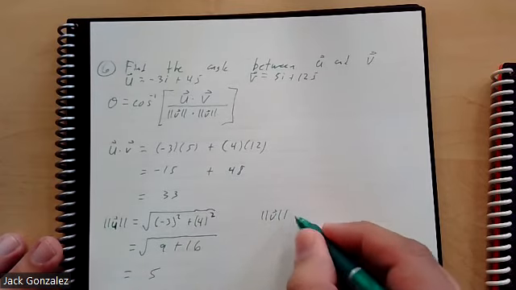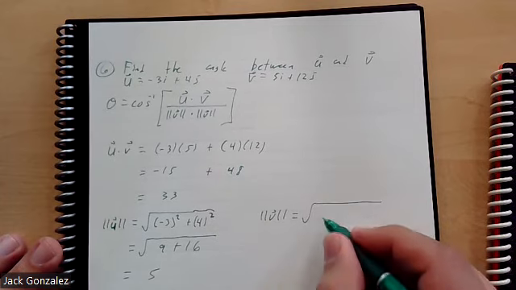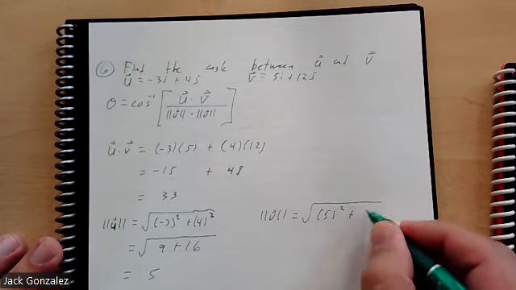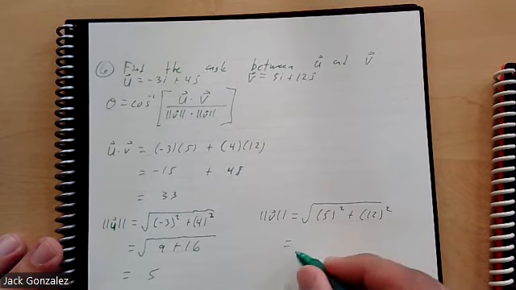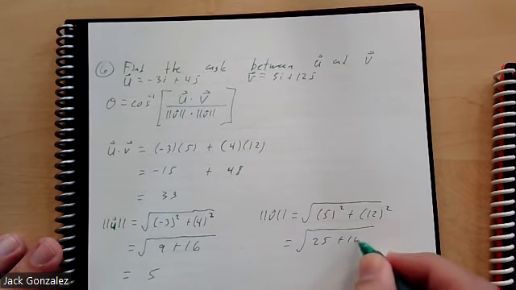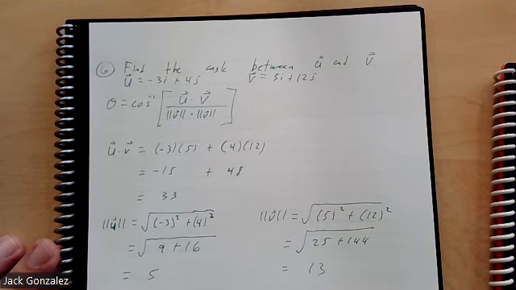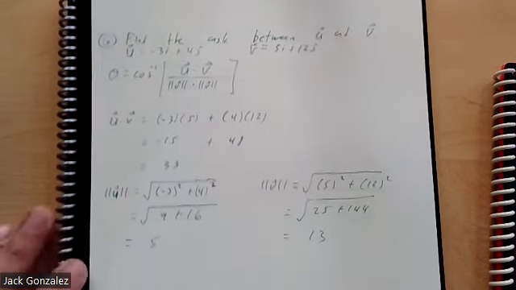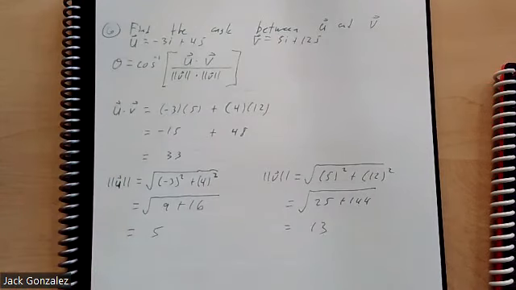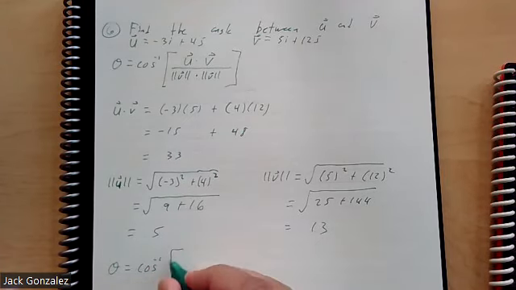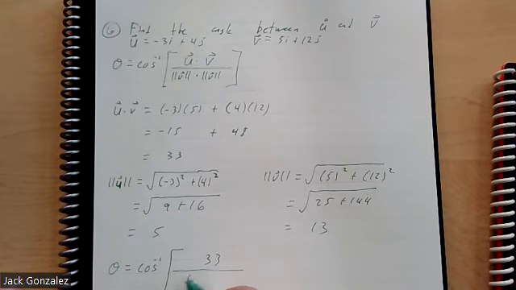Magnitude of v, that'll be 25 plus 144, which is 13. Okay, so we got the magnitude of u, magnitude of v. Just plug it all in and you'll be good. That's it. Theta will equal cosine inverse of 33 divided by 5 times 13.